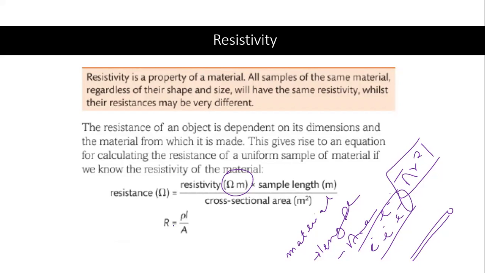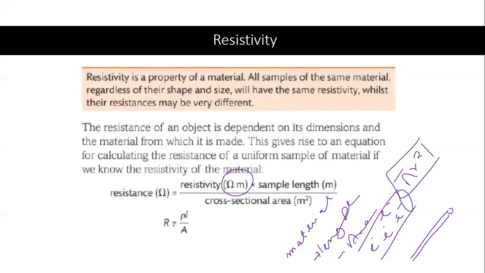Yeah, makes sense. If you want to ever define resistivity, you can simply say resistivity is a measure of the resisting power of a specific material to the flow of electrical current.